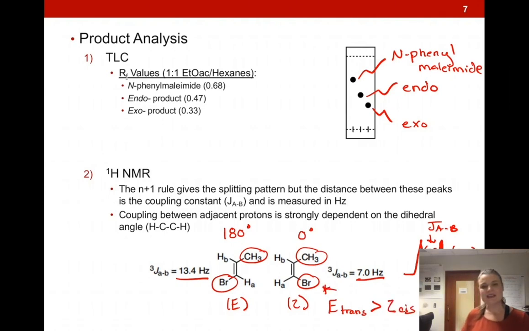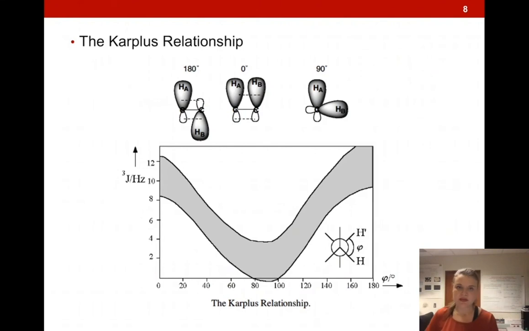And we get this generalization from the Karplus relationship, which examines the s orbitals of your protons. So looking at it for the 180 orbital overlap, you can see pretty decent overlap of your two different s orbitals. Whereas at the 0 degree, that overlap is not quite as good, so giving it a lesser Hertz value or coupling constant.